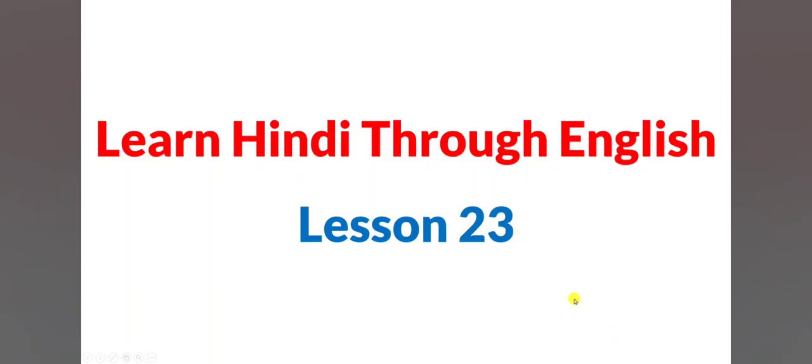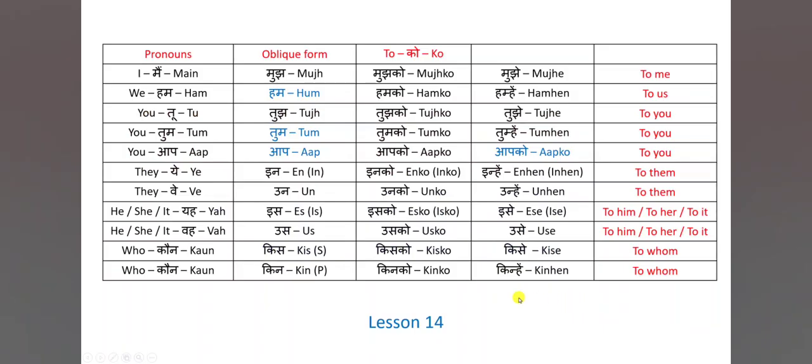Now, this is a table from lesson number 14. These are pronouns. These are the oblique forms of pronouns, and these are the oblique forms plus ko, and these are the commonly used versions.